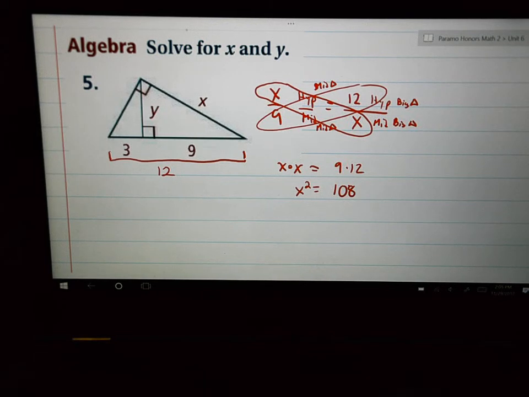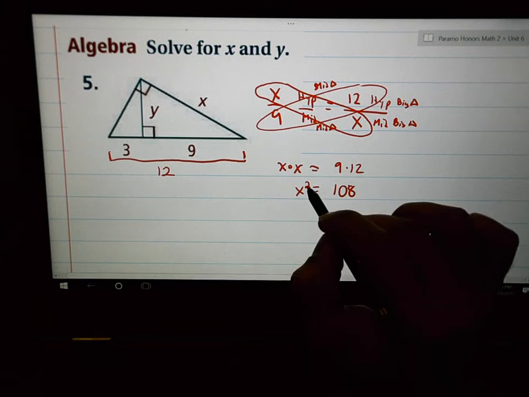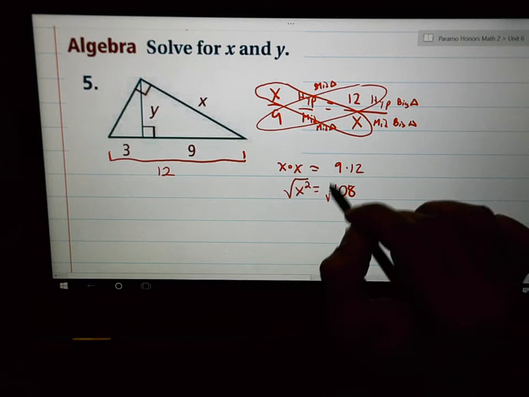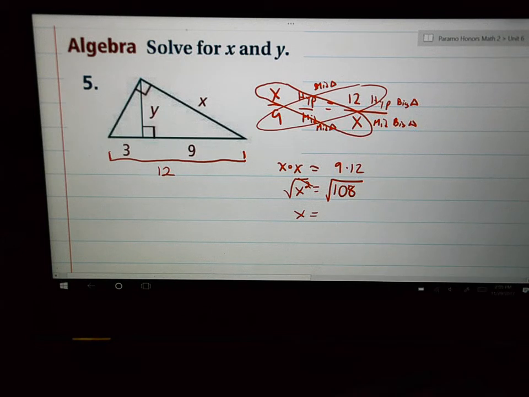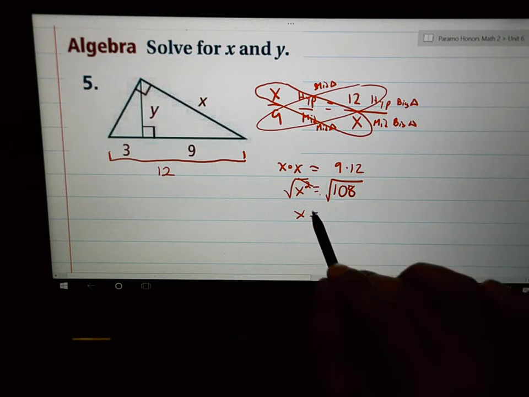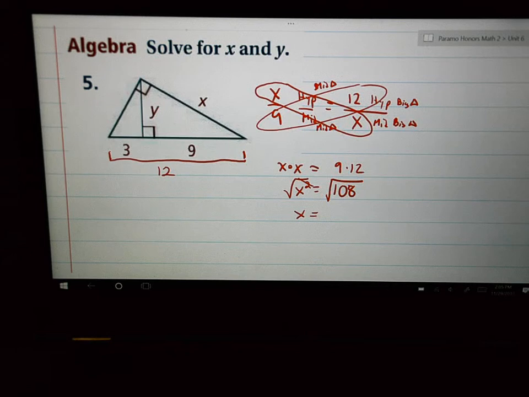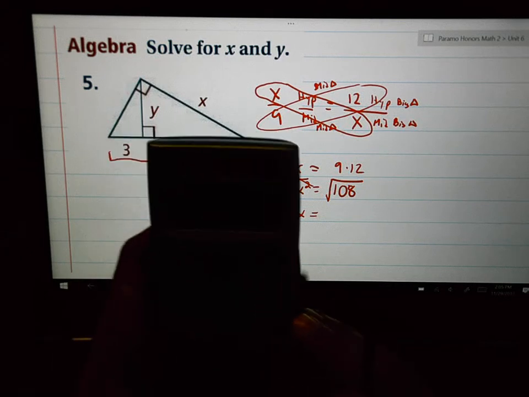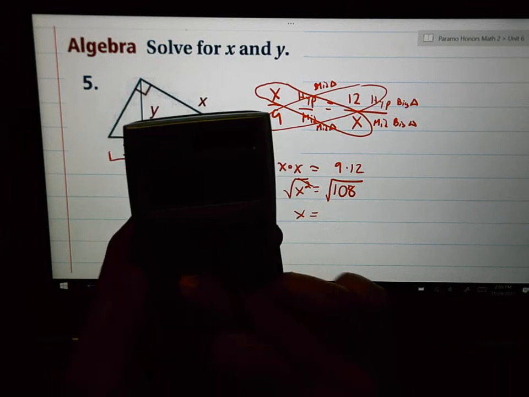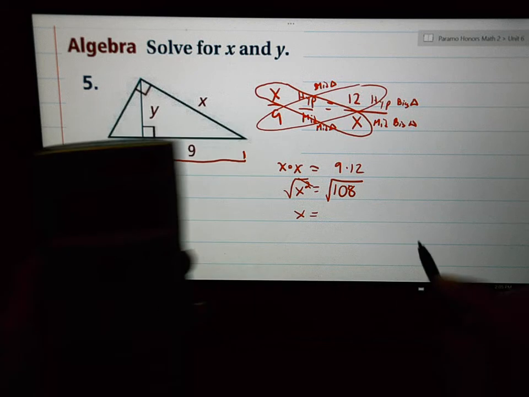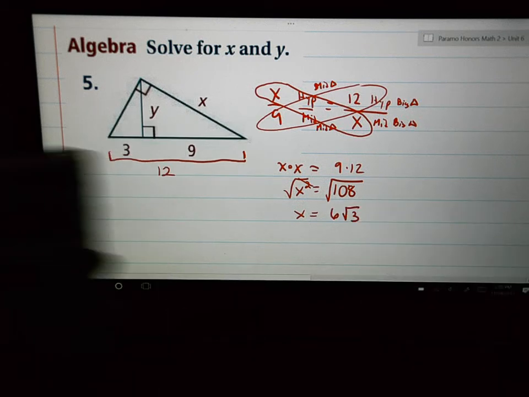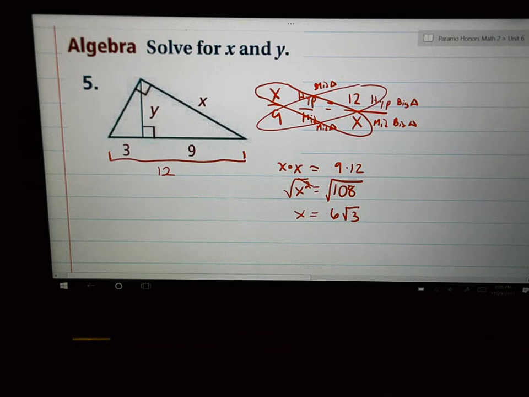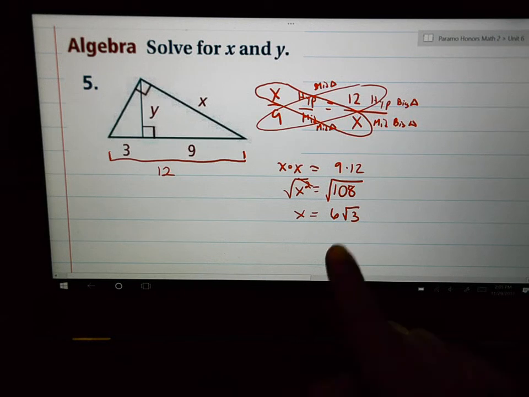Now that we have that, and I want x by itself, the only way to get rid of that square is to square root. And as we learned on the last test, we always make sure we reduce these things and put them into lowest terms. If I want to square root that, which I'm breaking out my calculator now, lowest terms, it is 6 root 3. I do like these in radical form.